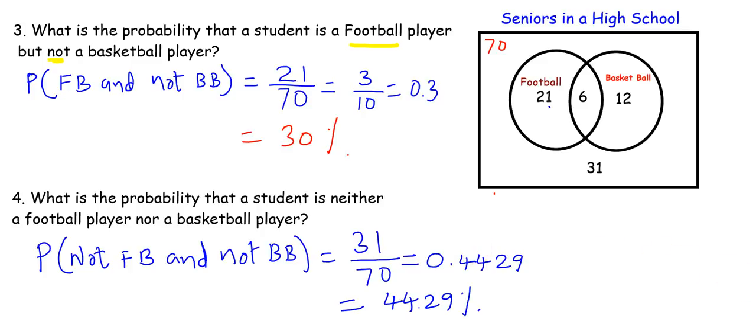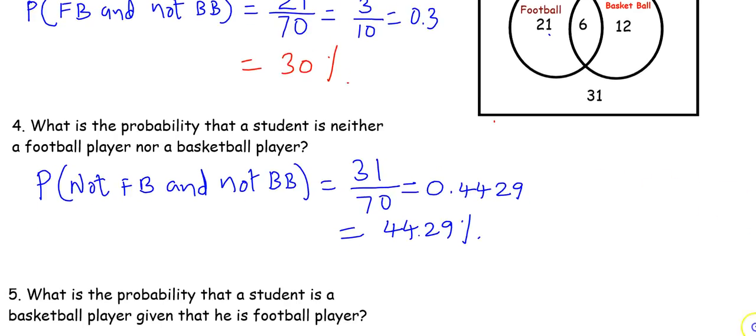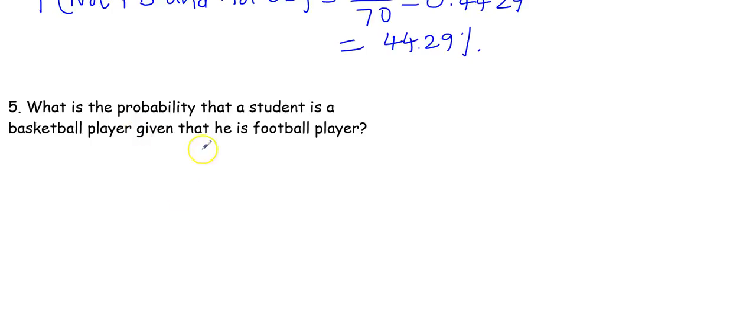Now in the next question we have here, what is the probability that a student is a basketball player given that he is a football player? We know that he is a football player, right?